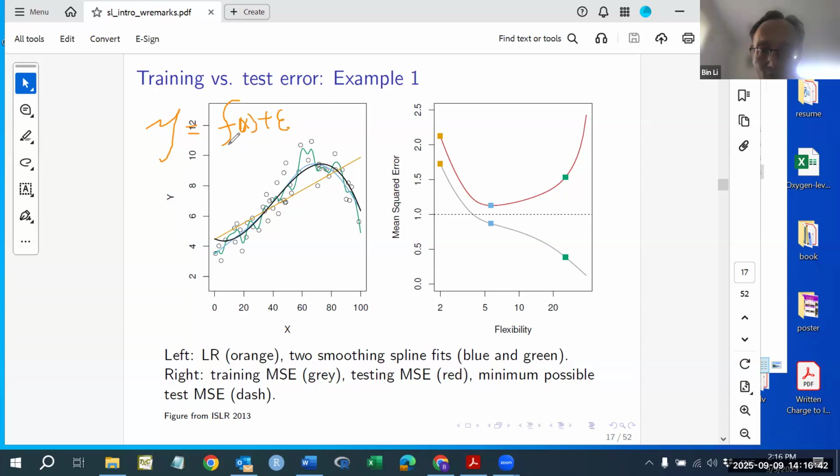So what is F? F is that black curve. And those open circles are the X and Y's. These are the observed data points.